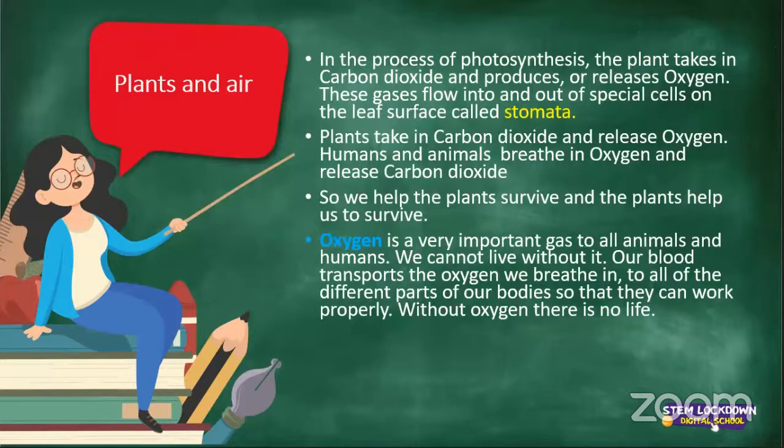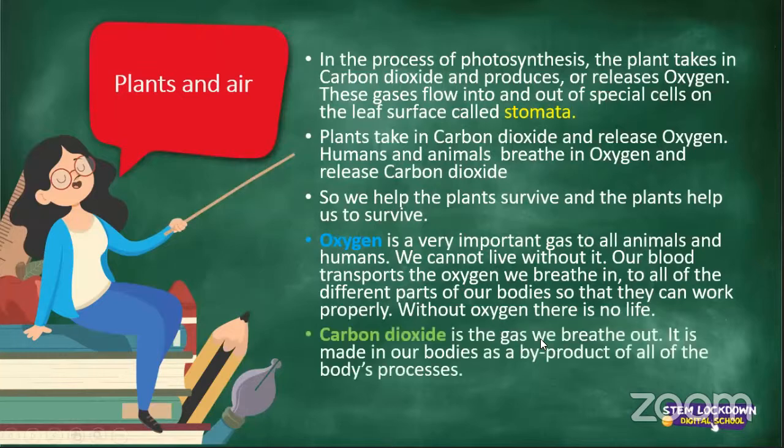And obviously, without oxygen, there is no life. And of course, carbon dioxide is the gas we breathe out. It is made in our bodies as a byproduct of all of the body's processes. So both oxygen and carbon dioxide are important for survival for both humans and for plants.